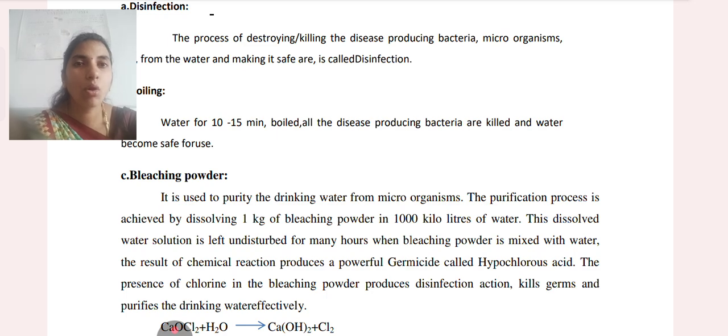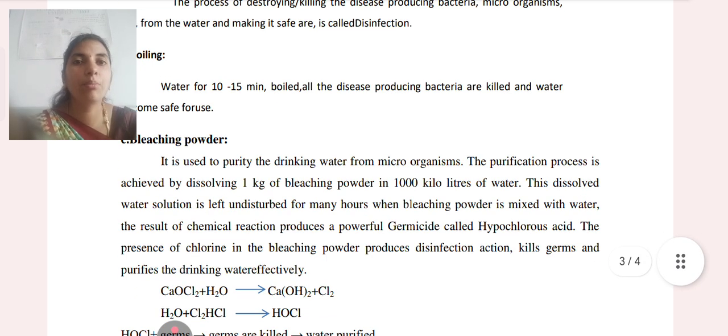The solution is left undisturbed for many hours. When bleaching powder is mixed with water, the chemical reaction produces a powerful germicide called hypochlorous acid. The chlorine in the bleaching powder produces the disinfection action, kills germs and purifies the drinking water effectively.